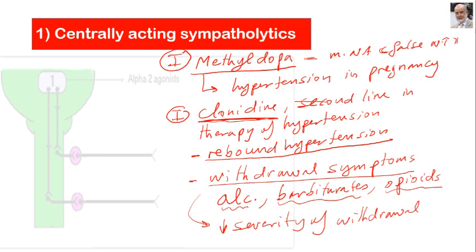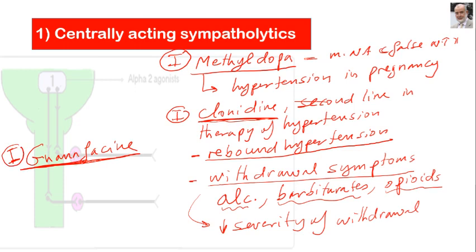Guanfacine, the third example. We talked about methyldopa and clonidine. Guanfacine is indicated in the treatment of hypertension as well, as a second line.